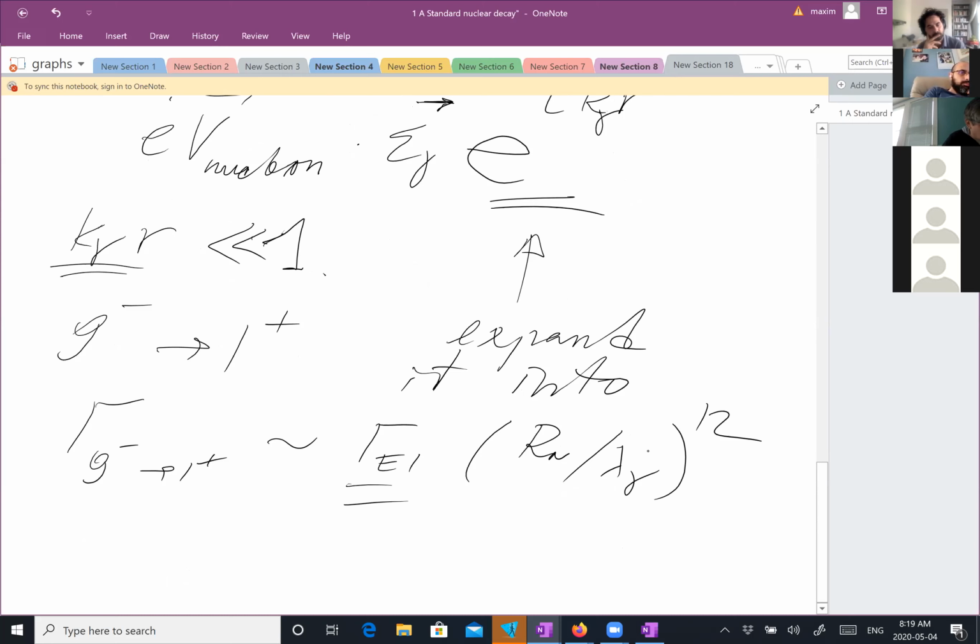If you take 10 minus 3 and put it in the power 12, you get a ridiculously small number, and that's the reason why these freaks of nature live for so long.